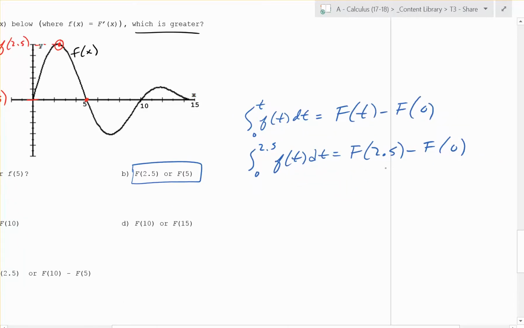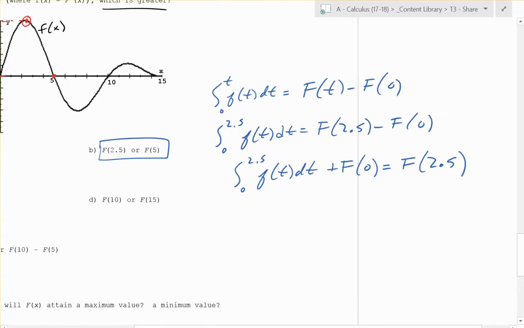So what does that tell you? Let's just add capital F of 0 to both sides. So you end up with the integral from 0 to 2.5 of f of t dt plus capital F of 0 equals capital F of 2.5.